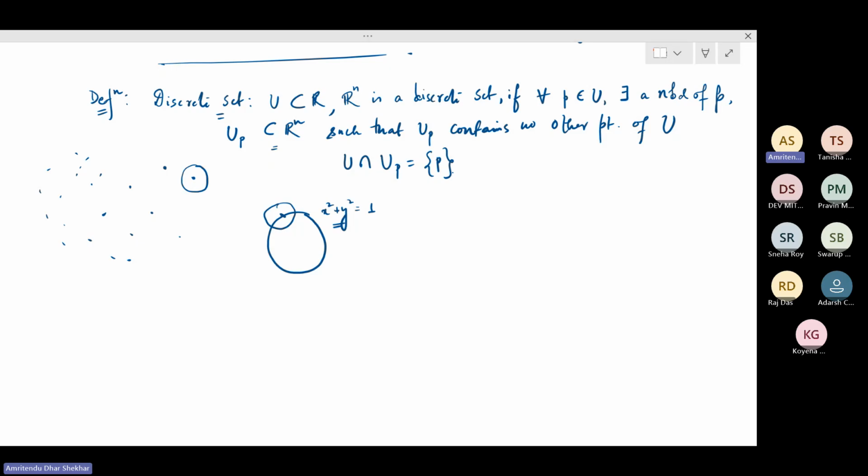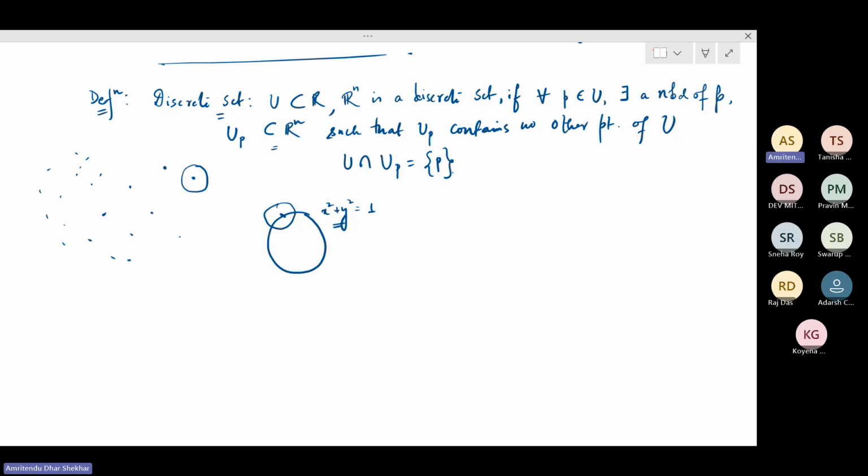Yes, that's right. It will always contain some part of the set. So therefore, it is not a discrete set.